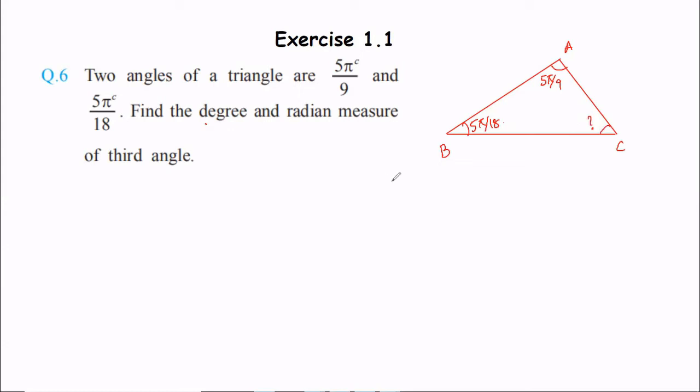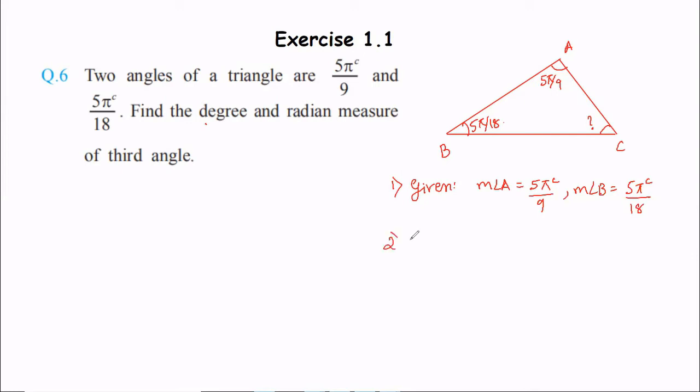So let's begin. First step, given that we have assumed measure angle A to be 5 pi by 9 radian and measure angle B to be 5 pi by 18 radian. Okay, fine.